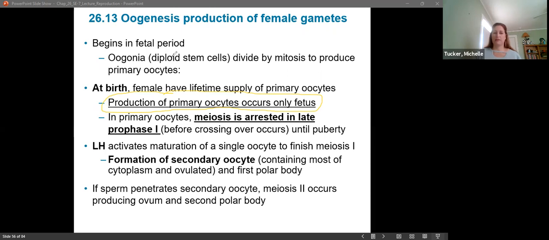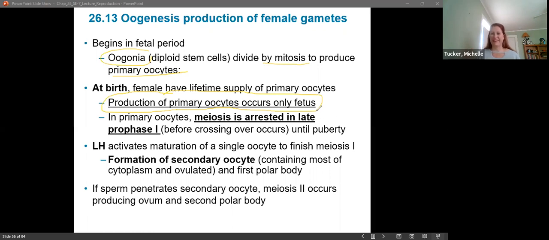In the fetal period, stem cells called oogonia divide by mitosis to produce primary oocytes. In primary oocytes, meiosis is arrested in late prophase 1. This is before crossing over occurs, and they're arrested until puberty occurs.